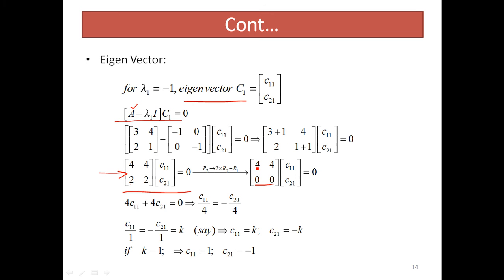So there would be only one equation, that is 4C11 plus 4C21 equal to 0.